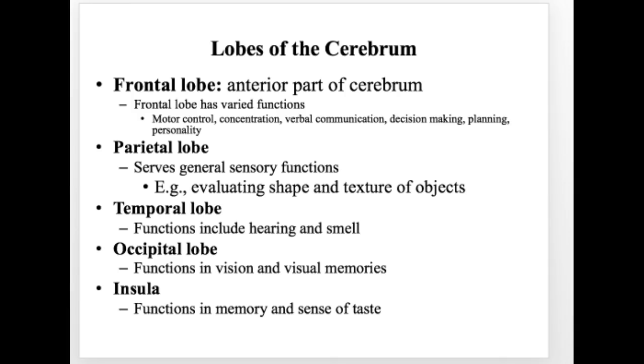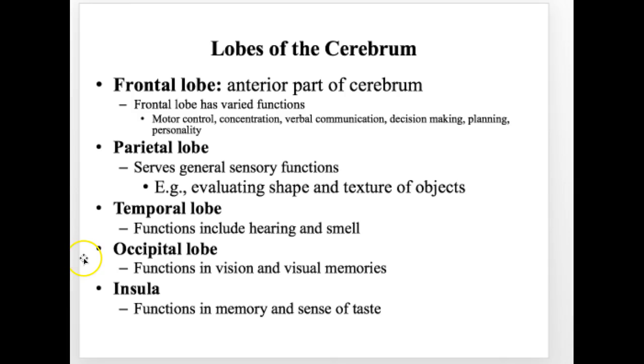It's important in many aspects of cognitive control, including concentration, verbal communication, decision-making, planning, and personality, as well as motor control. As I mentioned, the primary motor cortex is important in all motor control that is voluntary.